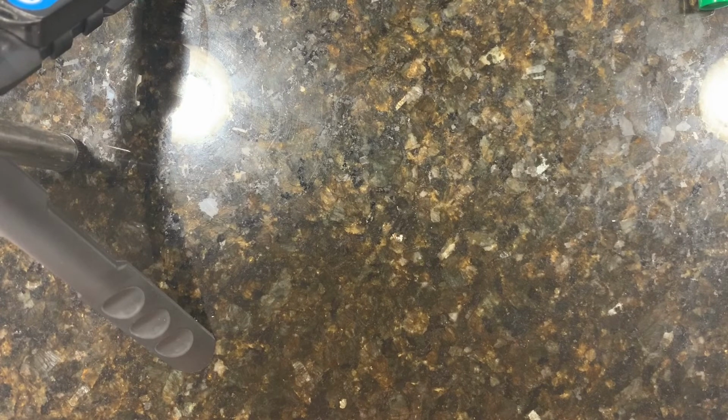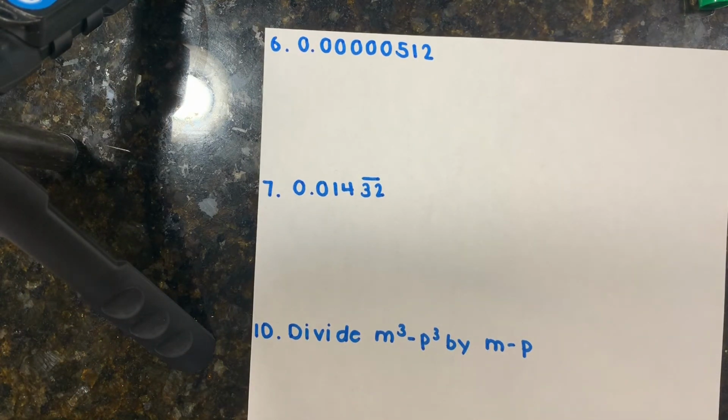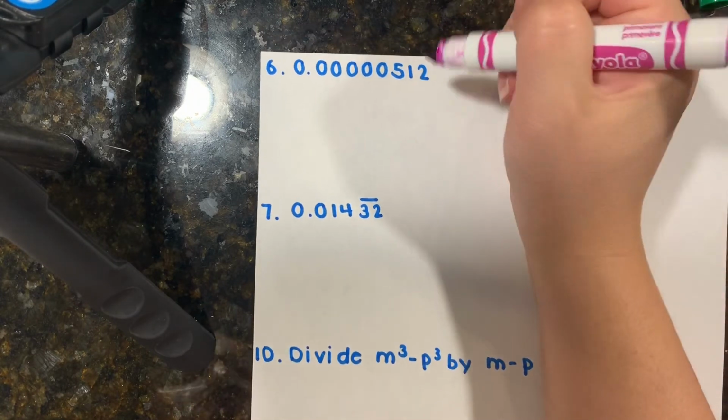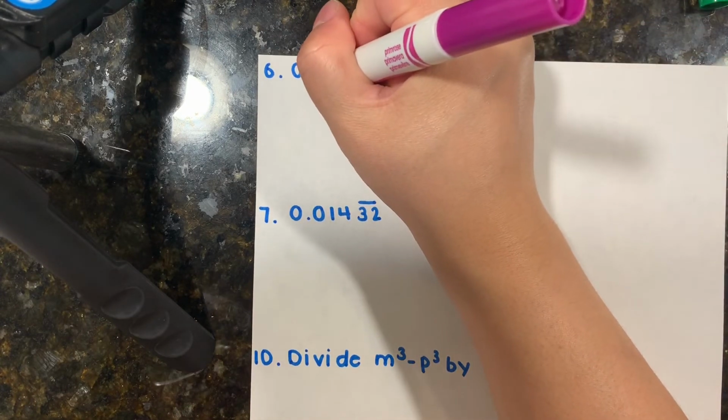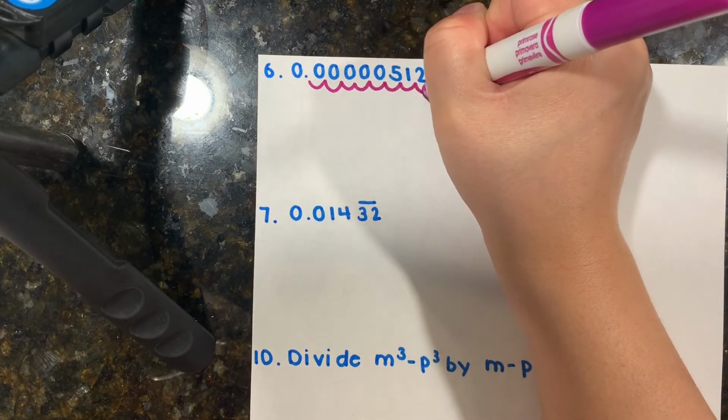Now, moving on, we're going to be looking at number 6. So for number 6, what I need to figure out is what I need to multiply this by so that it becomes a whole number. So 1, 2, 3, 4, 5, 6, 7, 8.